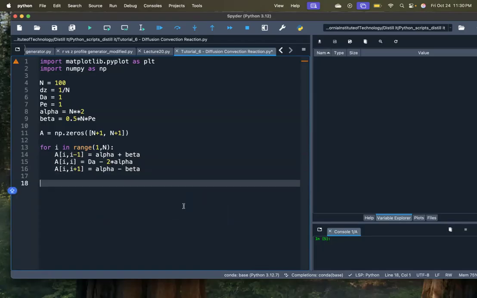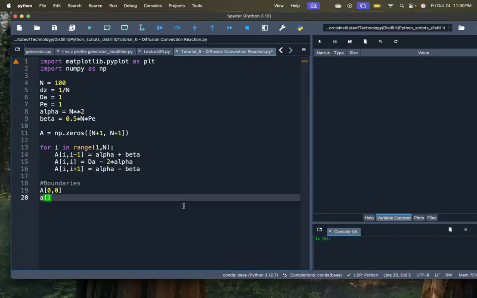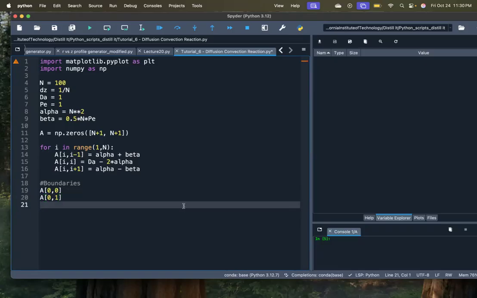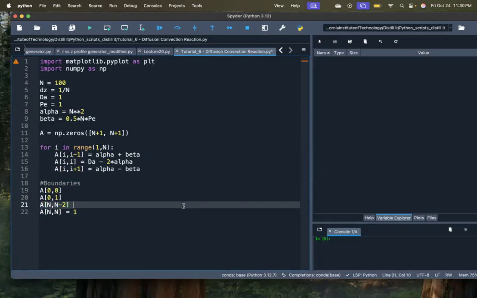And then let's just treat the boundaries here. In the boundaries, the things we have to take care of are A[0,0], A[0,1], A[n,n-2], and A[n,n]. So this was 1, this was minus 1.